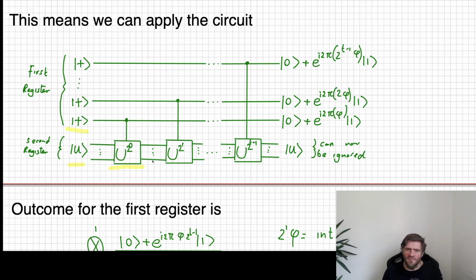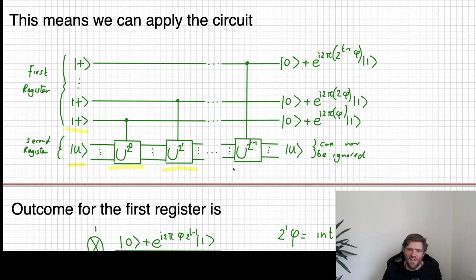So this is just a controlled u, but this is u to the power of 2 to the 1, so it's u squared. We're doing 2 controlled u's, or maybe we have the ability to do it all at once because of the structure of the oracle that we're using to do this.